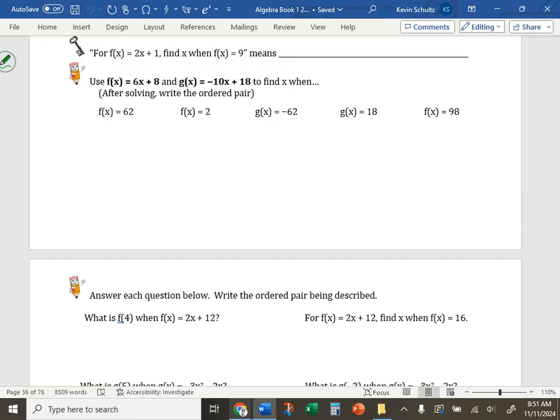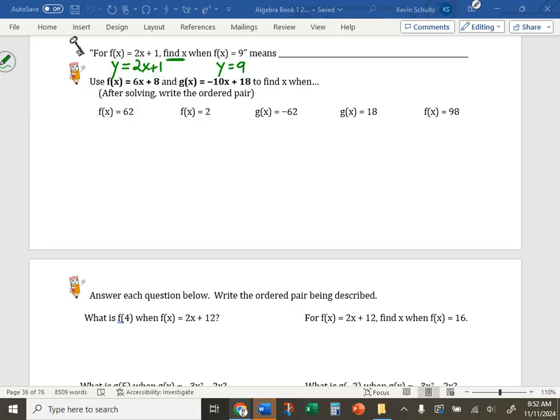Okay? Remember, what does f of x mean? Y. For y equals 2x plus 1, find x. That's a big hint of what you're solving for, right? Find x when y equals 9. Notice I did not replace x with a number here. That's because that's what you're looking for.